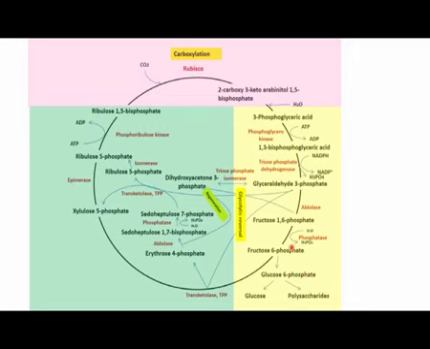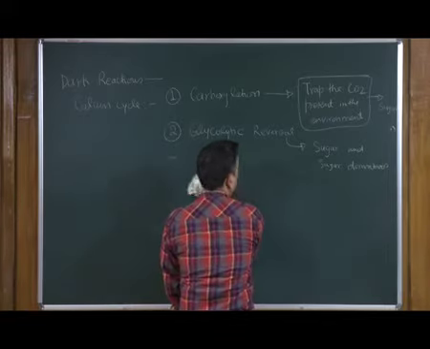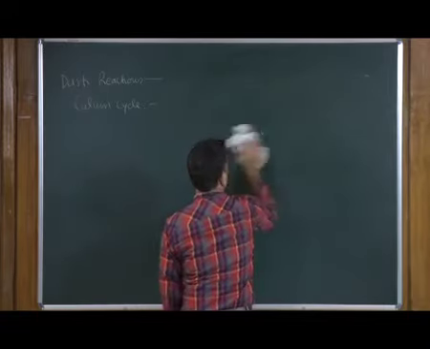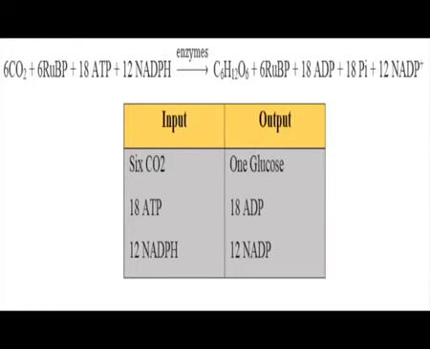So, if I show you the complete reaction mechanism and what products are formed during this complete process of the C3 cycle, you have the following output. If you take this cycle and go for the sixth round, you are going to assimilate 6 carbon dioxide molecules.